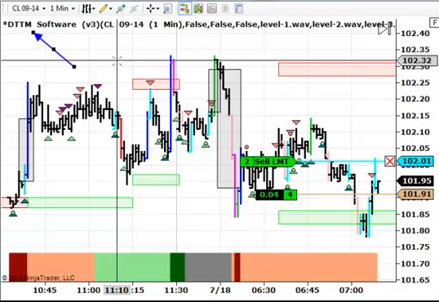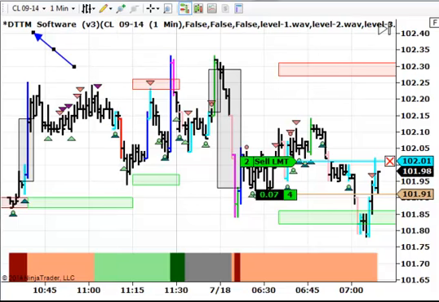So I always like to try and identify the intraday directional bias in the market, as that gives us a good background from which to make our day trades. So I'll go ahead, and we've got our objective in here at 102.01, which is a 10 tick profit.